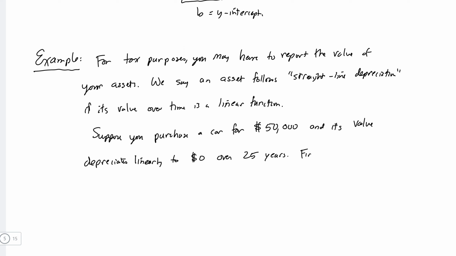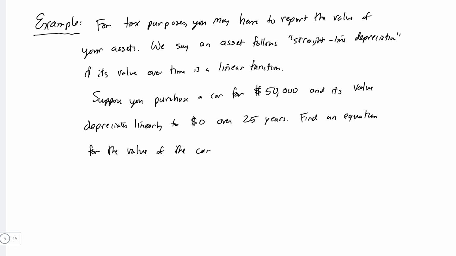Let's find a function, an equation for the value of the car as a function of t. Since we know it's a line, we'll be able to do this. Let's also ask, what are the domain and range of the function?